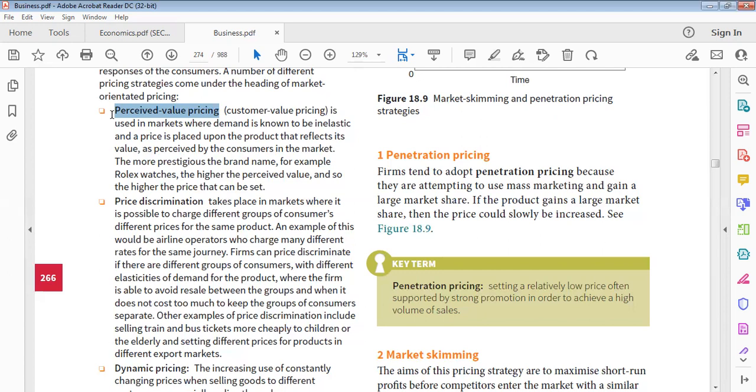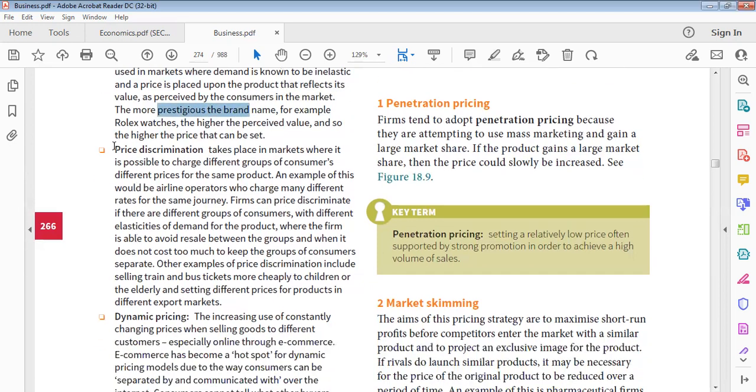That is the value of Rolls-Royce. So based on the value or the image of your product, you choose the pricing. That is called perceived value pricing. And it will depend on the prestige of the brand, maybe luxury items. Those things.